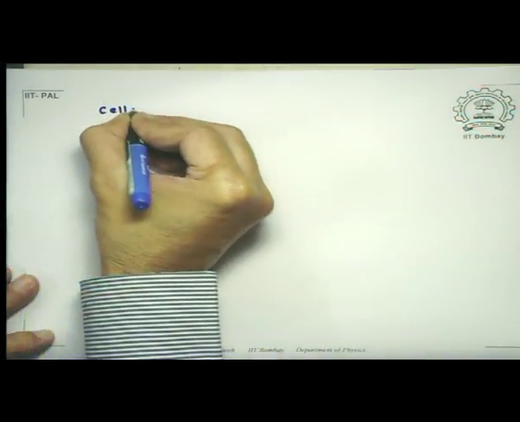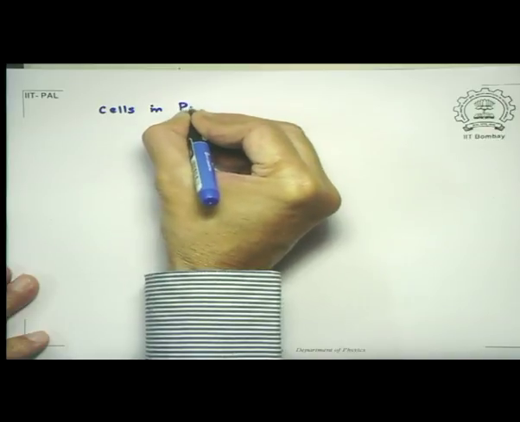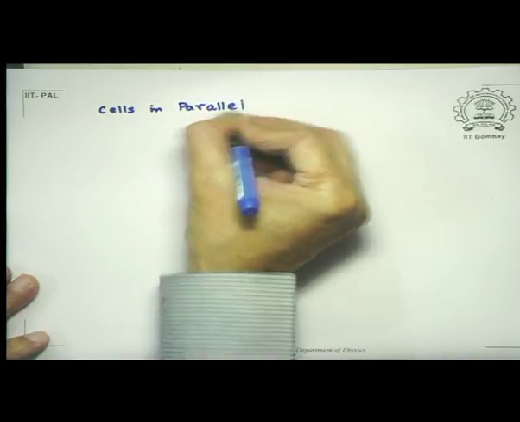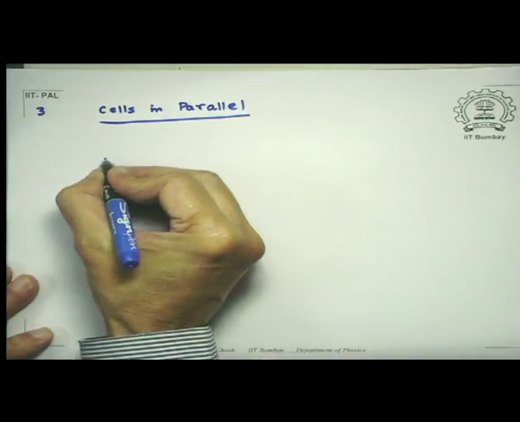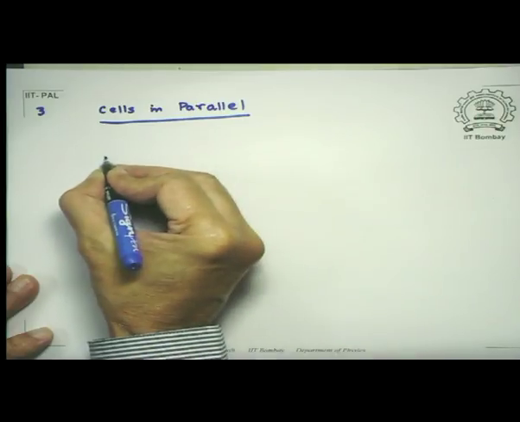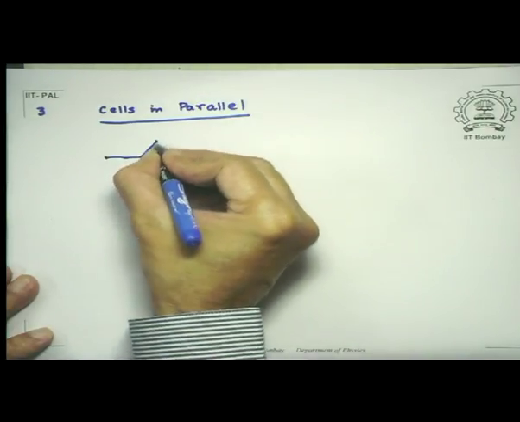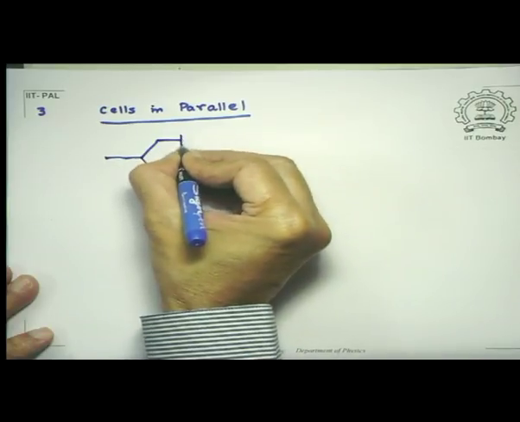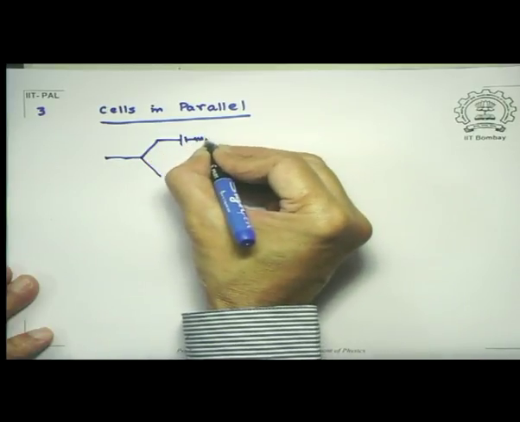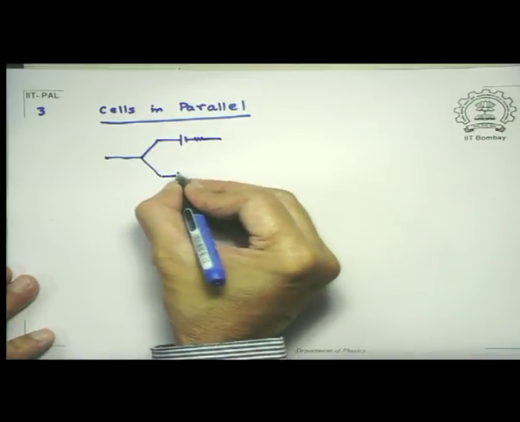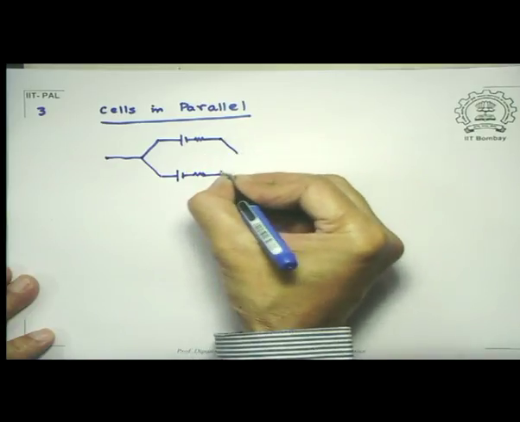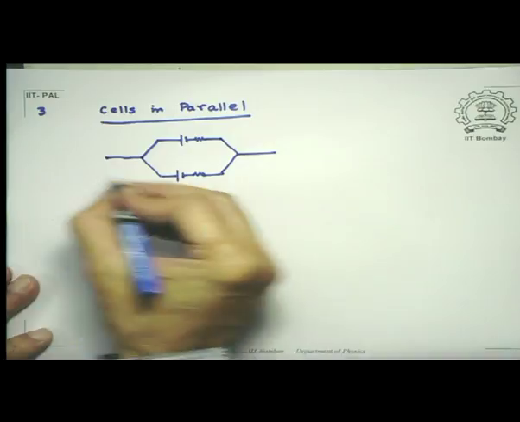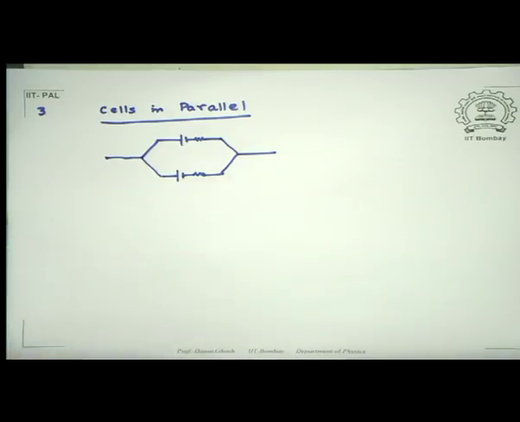So let us look at how to add cells in parallel. So the combination is very simple, just the way you do resistances. So I have a situation like this. So let us look at this combination.